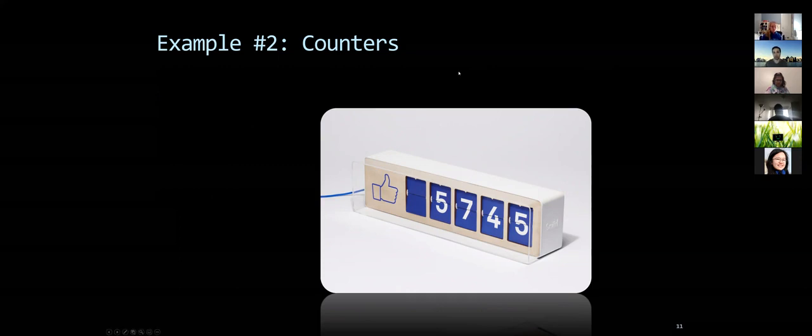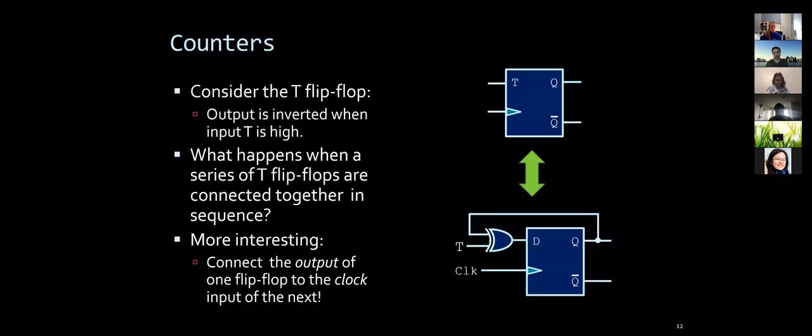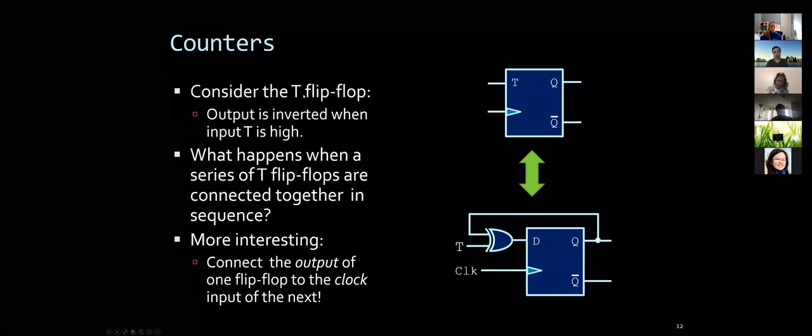Now we're still trying to build those registers. Another cool thing we can build with flip-flops, which I personally didn't think about when I learned this material, is counters. Let's see how that works. Remember we learned another flip-flop called the T flip-flop. It's pretty similar to the D flip-flop, except it inverts its value when T is high.